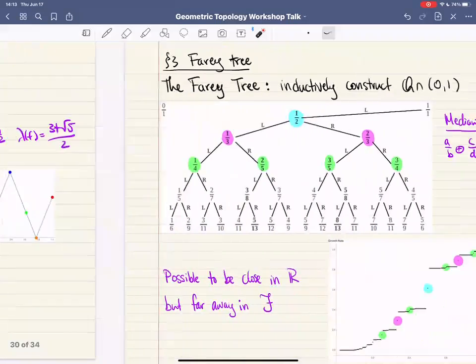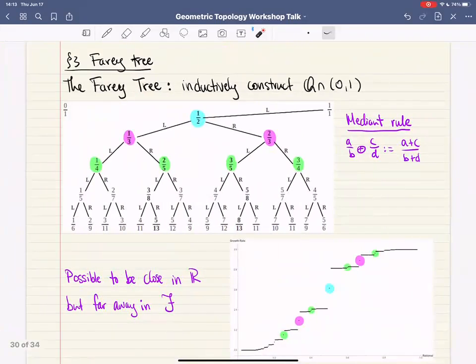The Farey tree, you might have seen this before. This is a tree, but you can imagine it as a way to inductively construct the rational numbers in the open unit interval. The idea is that you start with the root 1/2 of the tree, and then you inductively build on either side of a vertex the mediant between that vertex and the one closest to it.